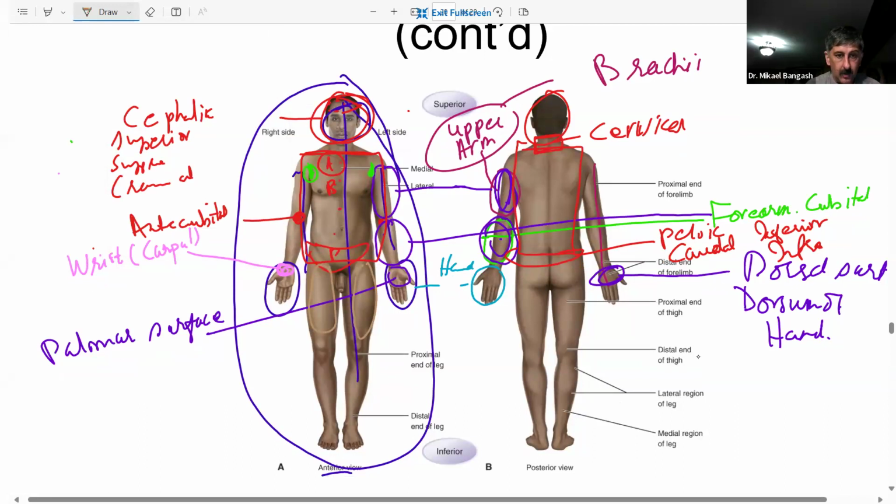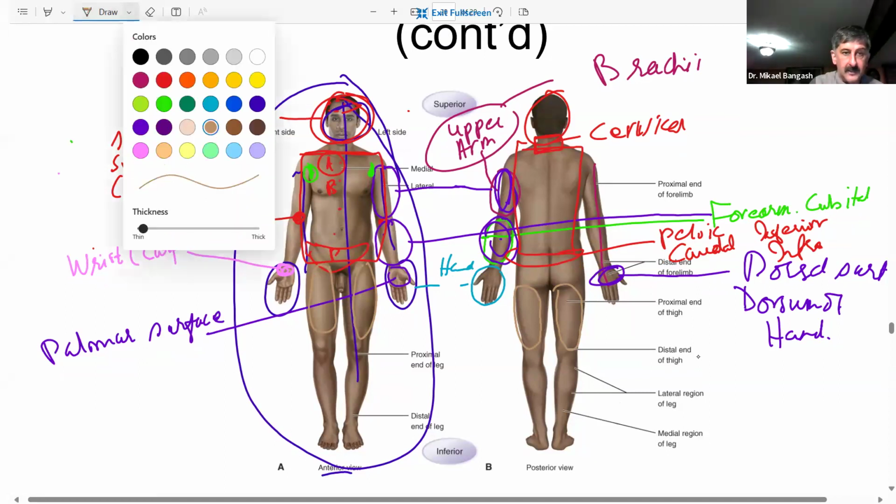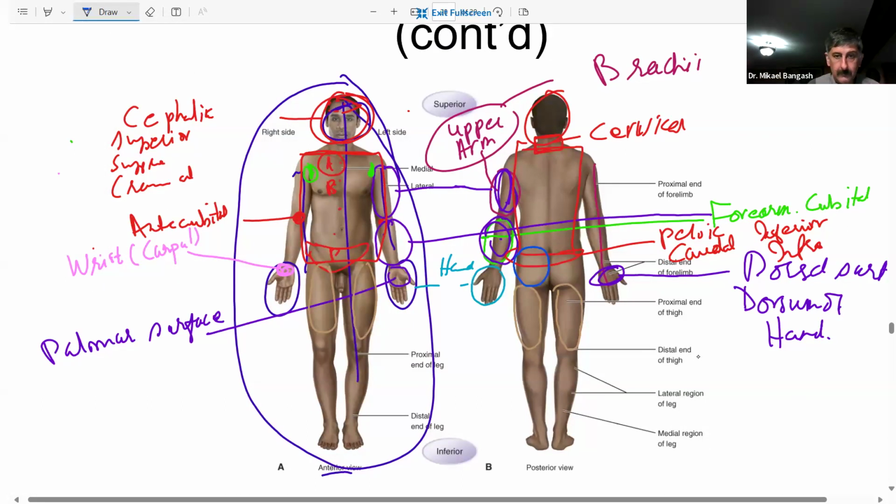Whether you look at it in the front or the back, this area here is going to be the femoral region. Whereas if we look at the back side, all this is the back side of what will become the pelvic cavity, but this is what we'll call the gluteal.